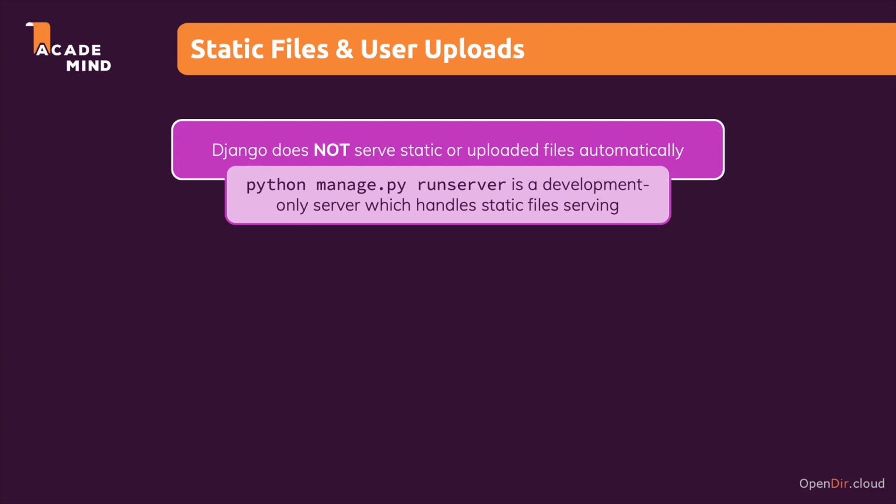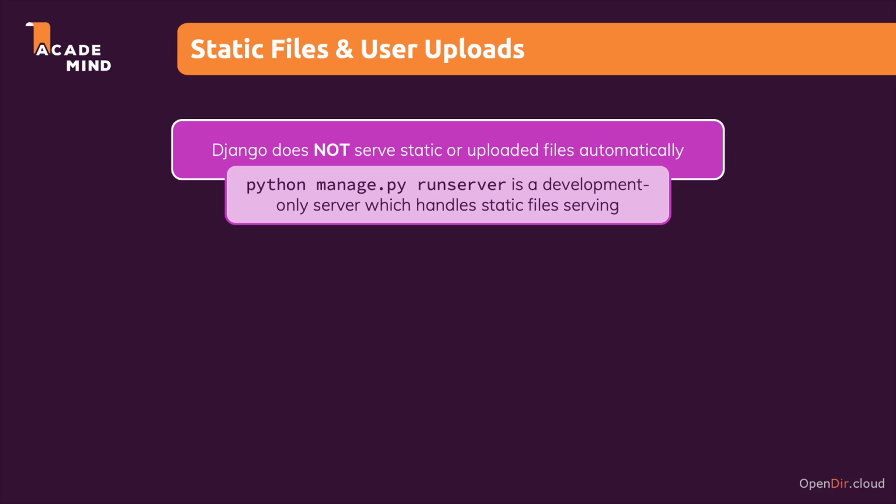And that's a limitation which exists on purpose, because it turns out that when it comes to serving static files, there's a lot of optimization potential. And if Django would serve those files by default, it would serve them in an inefficient way by default.